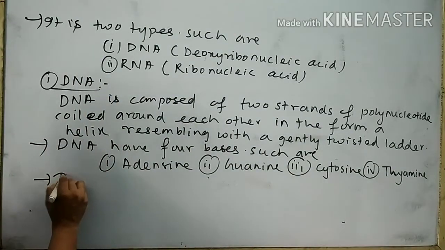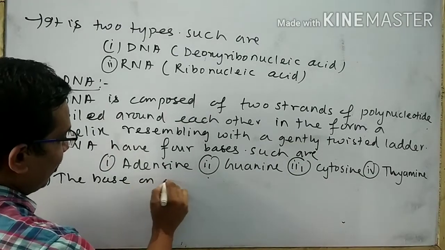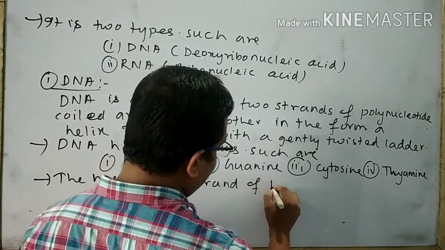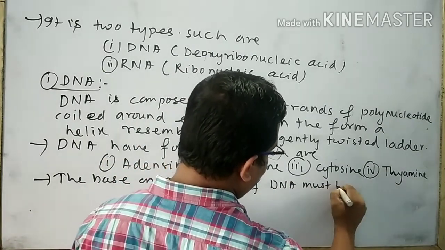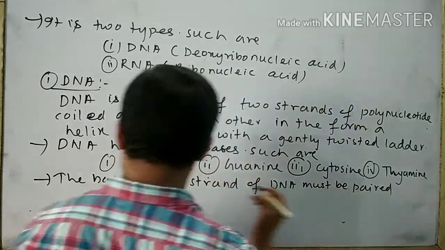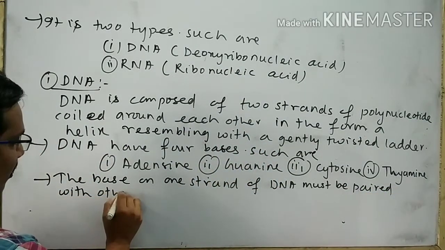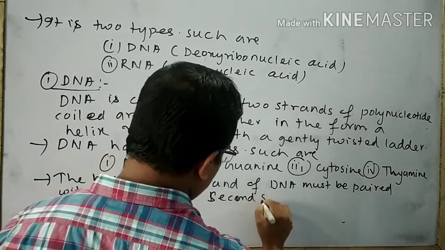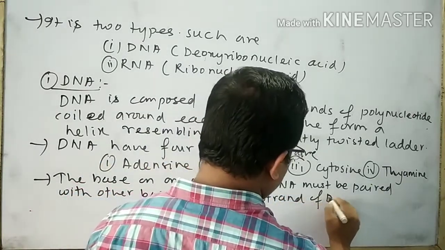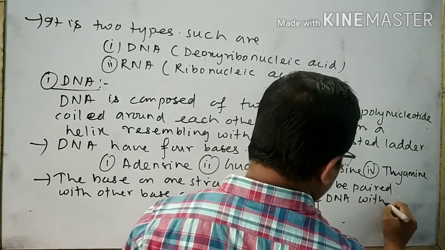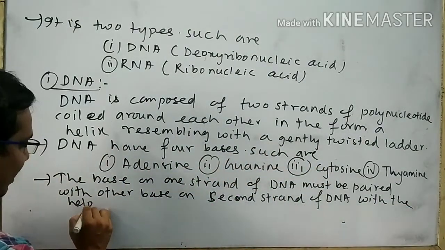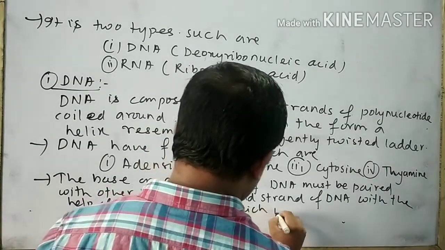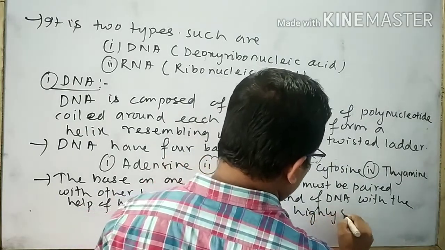So we can write: the base on one strand of DNA must be paired with the other base on the second strand of DNA with the help of hydrogen bonds, which are highly specific.